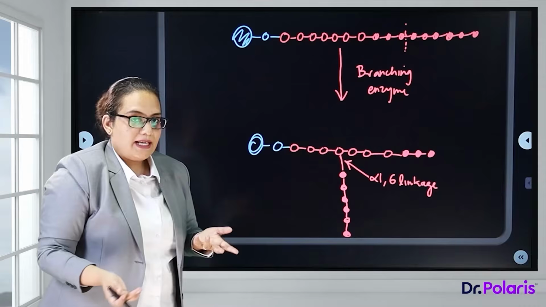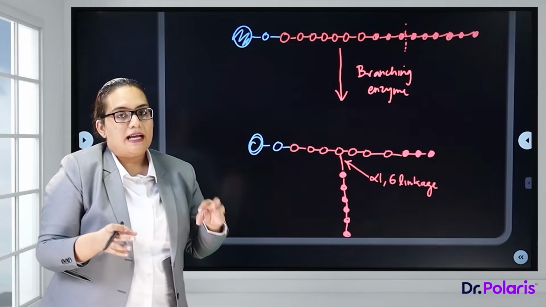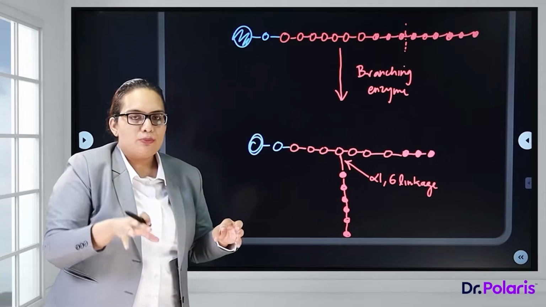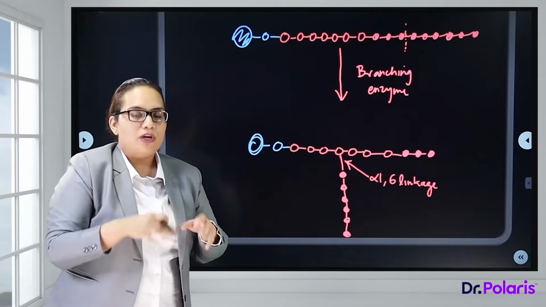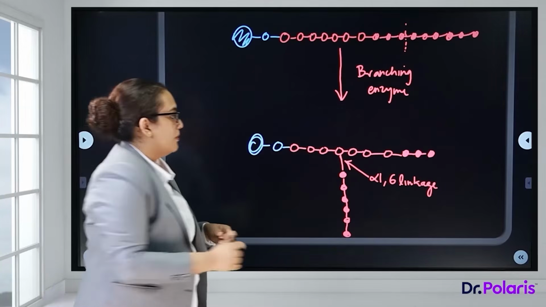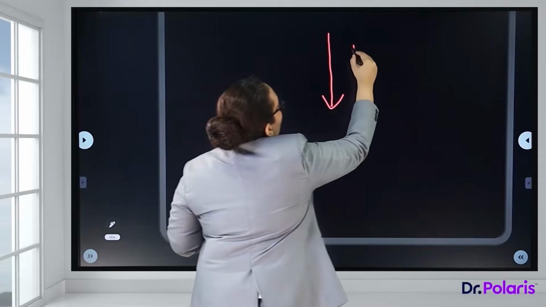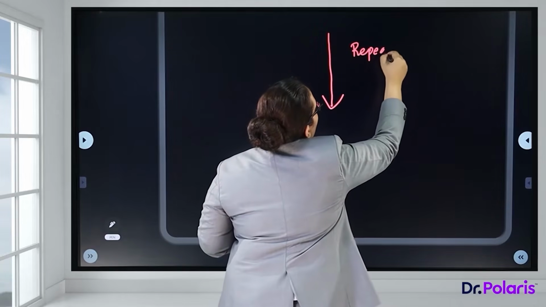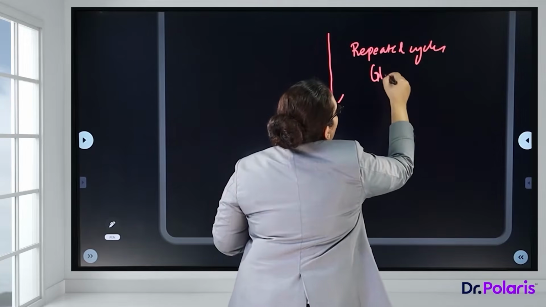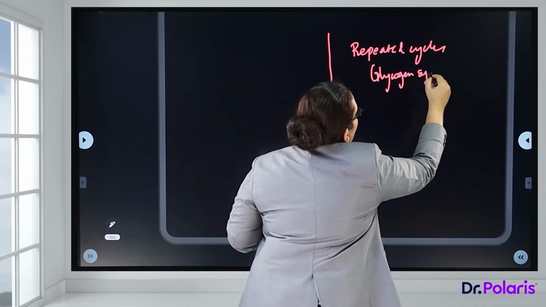Now what happens in the next step is you have both the glycogen synthase and branching enzyme acting one by one, so that a straight chain is formed, then a branch point is formed, straight chain, then branch point, and this keeps on going on till a huge glycogen molecule is formed. So you have repeated cycles in which both glycogen synthase and branching enzyme act one at a time.